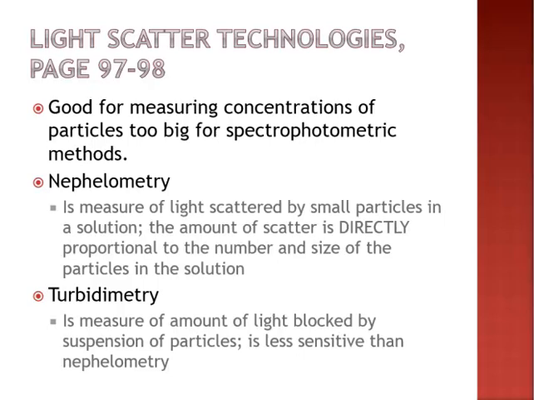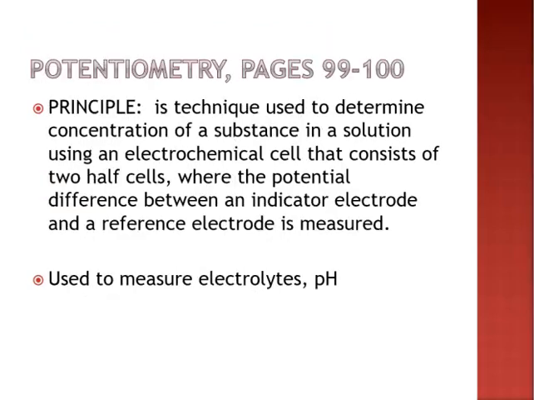Nephelometry is a measure of light scattered by small particles in a solution. The amount of scatter is directly proportional to the number and size of the particles in the solution. And then there's turbidimetry, which is the measure of the amount of light blocked by a suspension of particles. It's less sensitive than nephelometry.